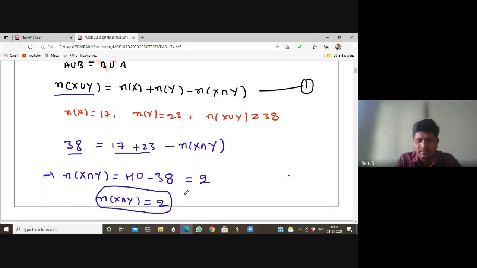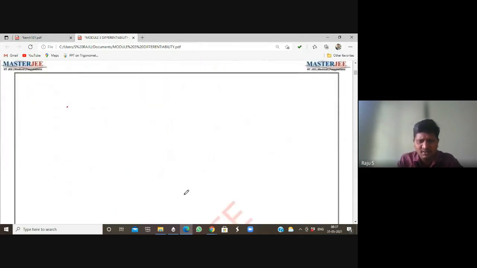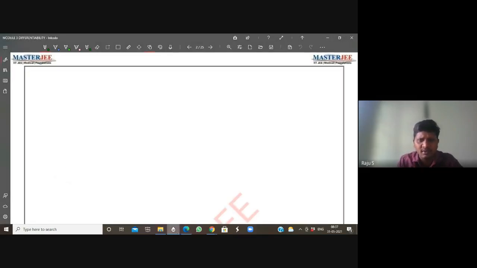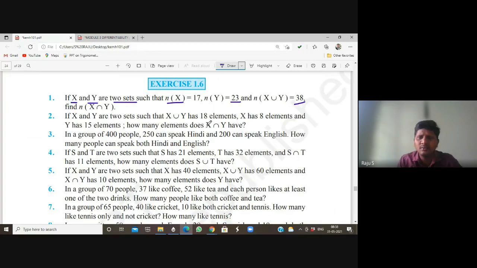We got the answer. A simple question. First one is a very easy question, right? Then let's go for the second one. Actually, we can say the answer directly also, within 5 seconds, if it is objective. But in NCERT we cannot write direct answers, so you should try to write the steps.